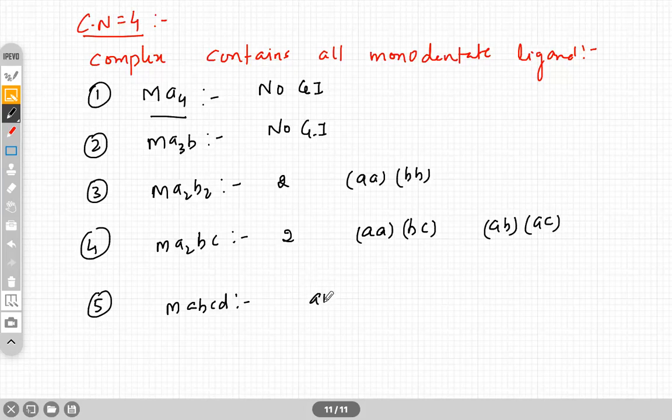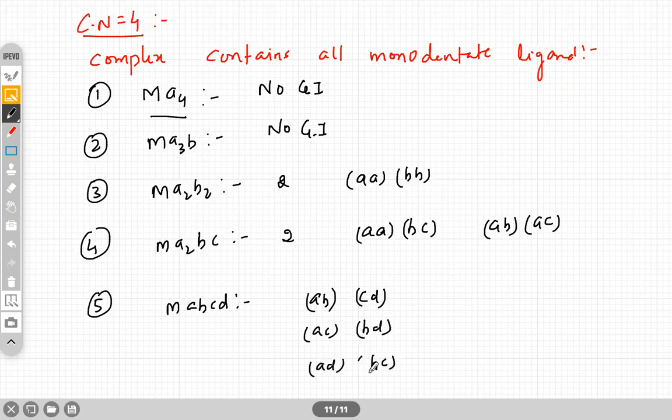And here we have 1. We can write AB, CD together, or we can write AC, BD together, or we can write AD, BC. Any other possibility? We have only 3 GI possible.